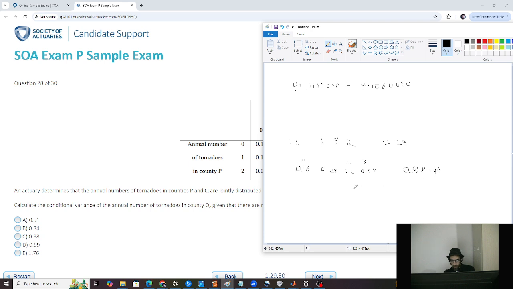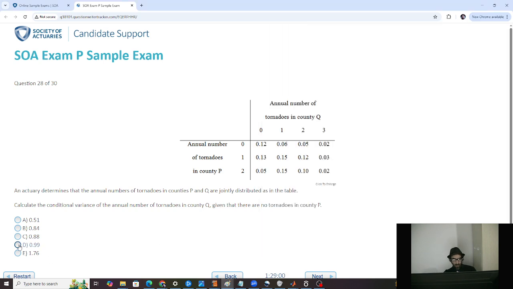For the mean of the square, 4 times 0.2 is 0.8, so that's going to be 1.04. 9 times 0.08 is 0.72. 1.76 equals E of X squared. 1.76 minus 0.88 squared. I'm getting 0.9856, or like 0.99.